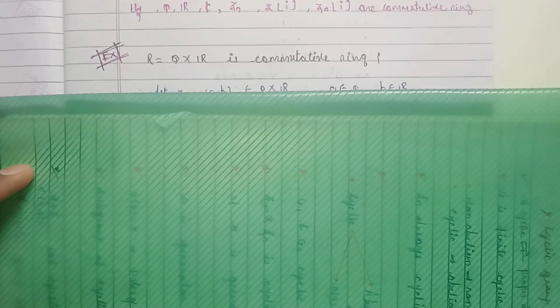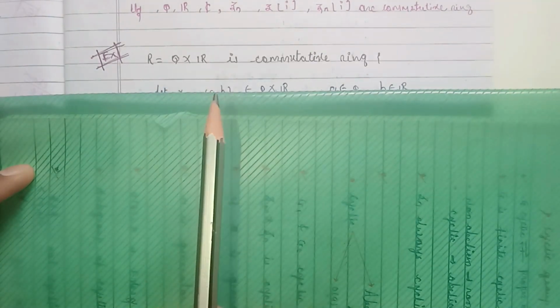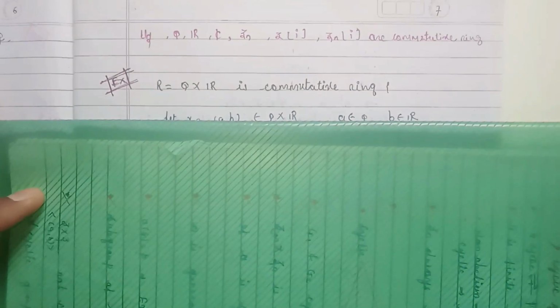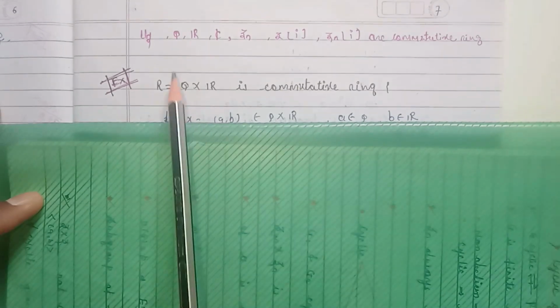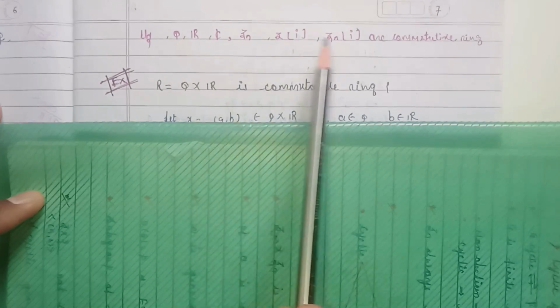For your understanding or verification, take some examples, any elements A and B from the group itself, and show that the commutative property holds. Q, R, C, Zn modulo n and the Gaussian integers Z[i] are always commutative rings, so it is quite easy to find out. You just have to select some examples to check these.